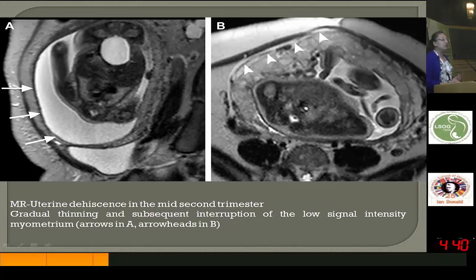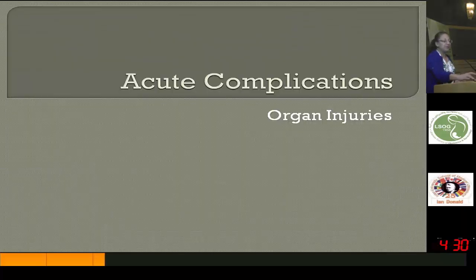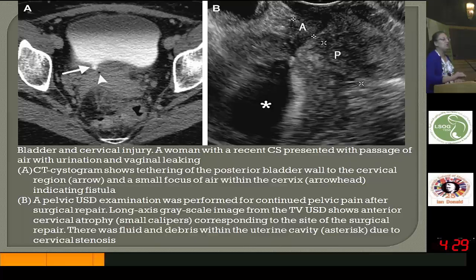You can see the myometrium that is interrupted and there is no good continuity. I'll skip these, and I will talk just about how we can also detect complications of C-section by CT cystogram when you suspect that you have a fistula.